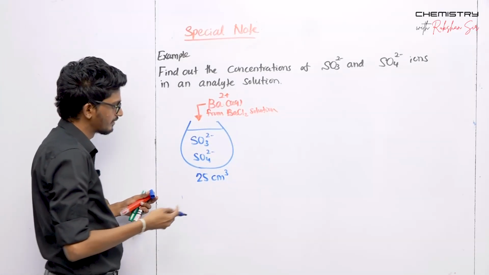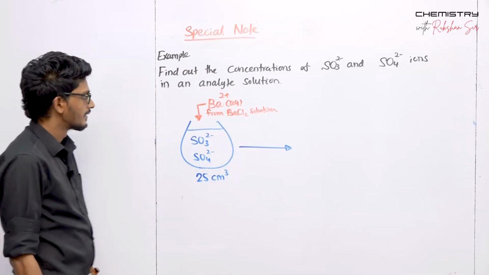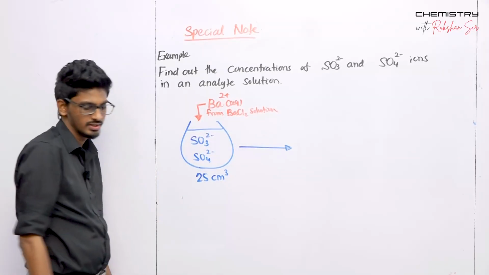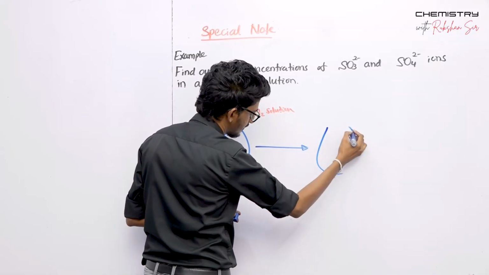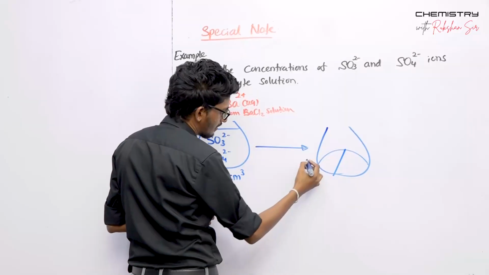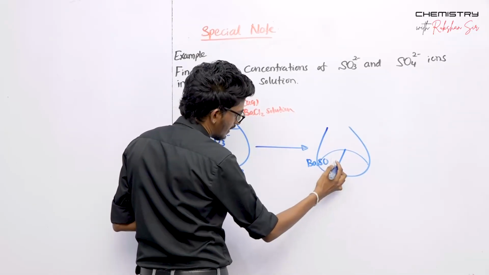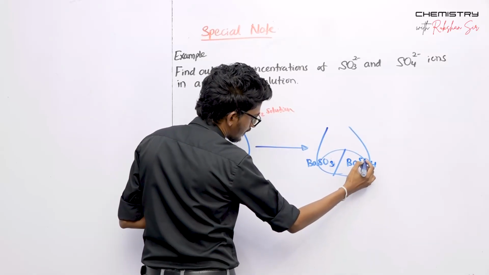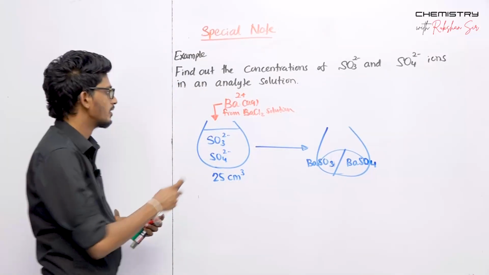If you add barium 2 plus ions, precipitation table says that barium sulfite as well as the barium sulfate, both the things will get precipitated. Right? That is what precipitation table says, right? The barium sulfite as well as the barium sulfate, both will get precipitated as you add in barium 2 plus ions, right?